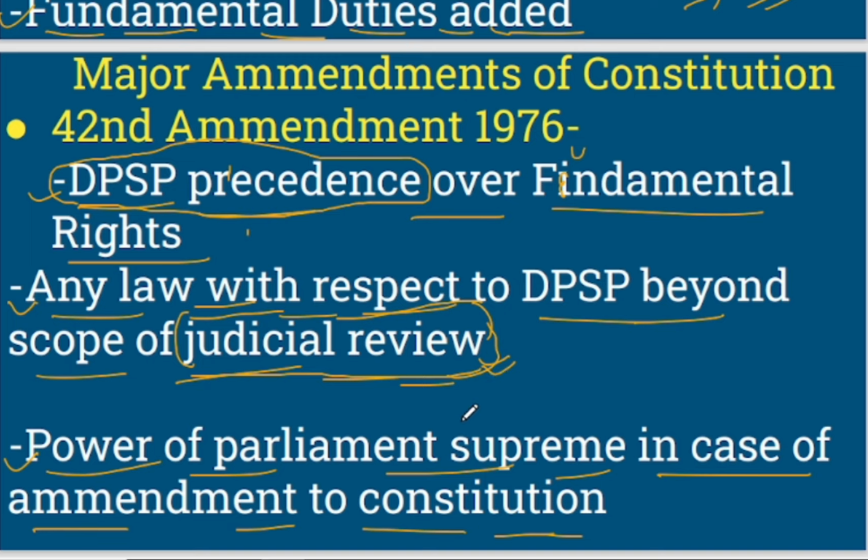Here parliament is being made supreme. Basically it means that everything before parliament is subordinate to it. There is no scope of judicial review here. This is what it means, but later these things were done away with. We will discuss that in later chapters.